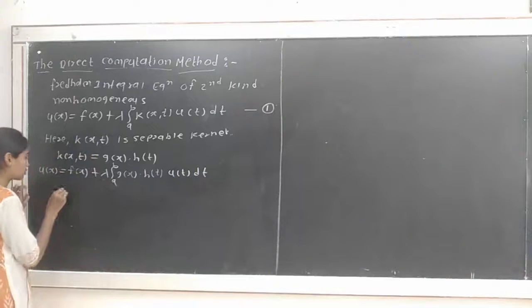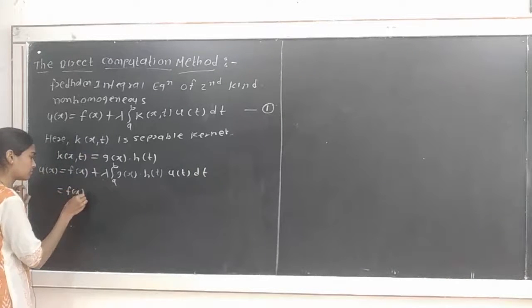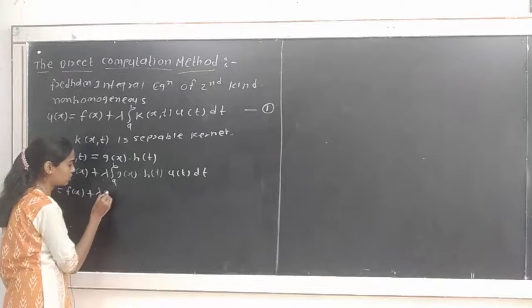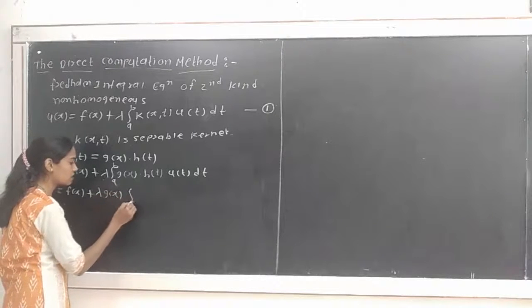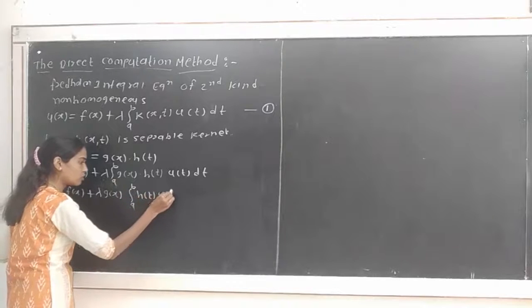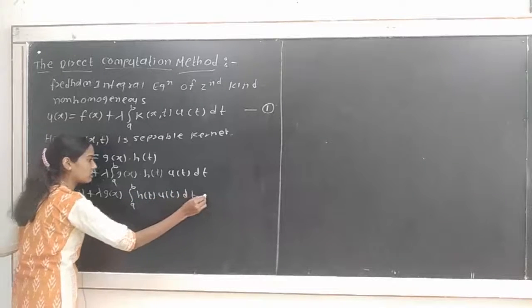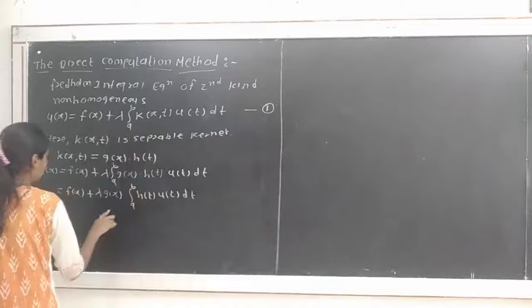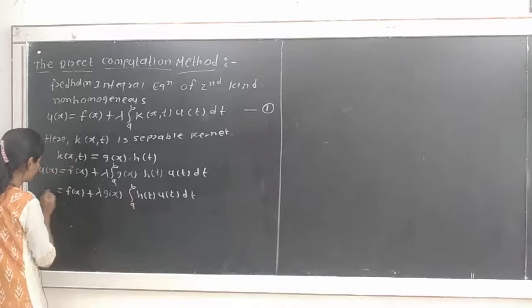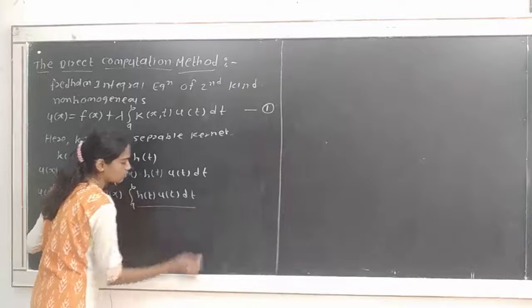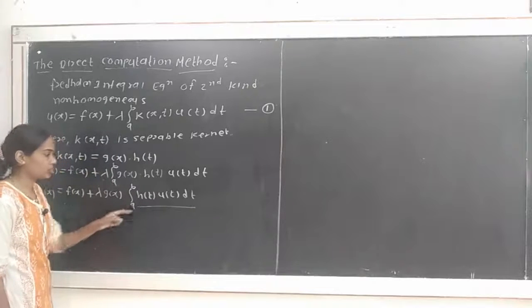So it is equal to f of x plus lambda. g of x is constant with respect to t, so we take g of x outside: integration from a to b h of t into u of t dt. Here, if we observe, this integral depends only on the variable t.